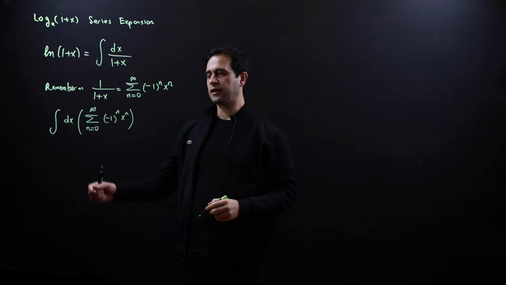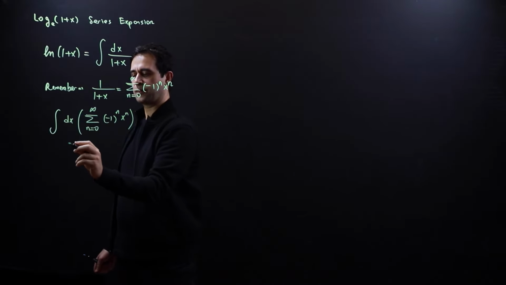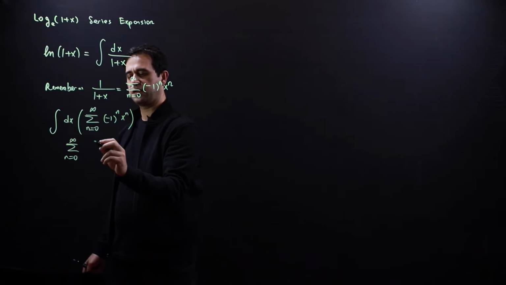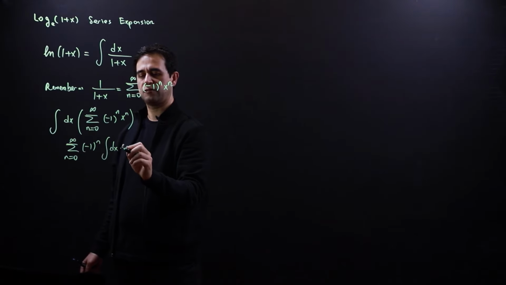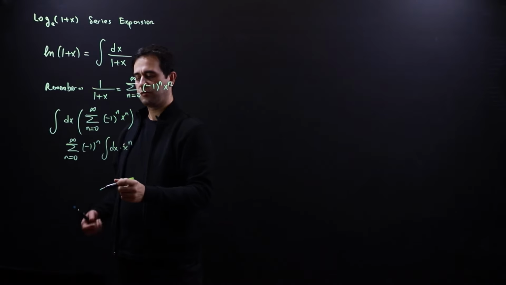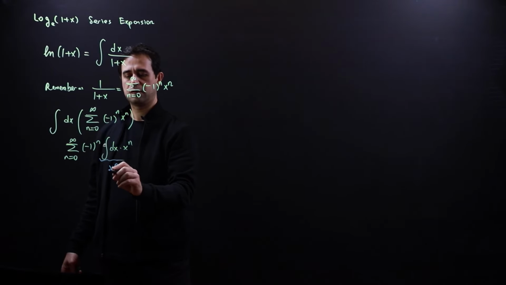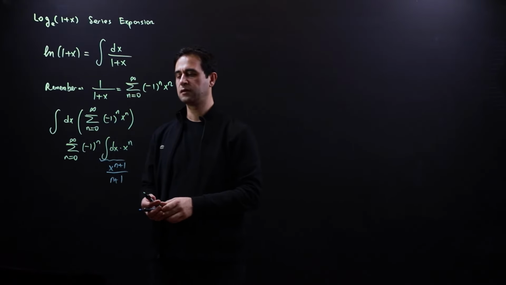So now I can actually integrate this. If I push this integral through, that will be the sum from n equals 0 to infinity of minus 1 to the n, because that doesn't depend on x, times the integral of dx times x to the power n. But this is nothing but x to the n plus 1 divided by n plus 1, right?